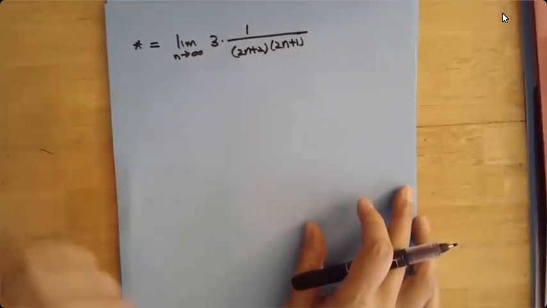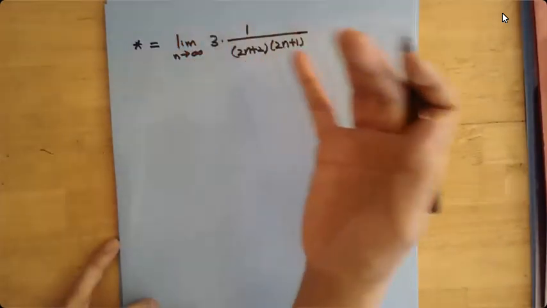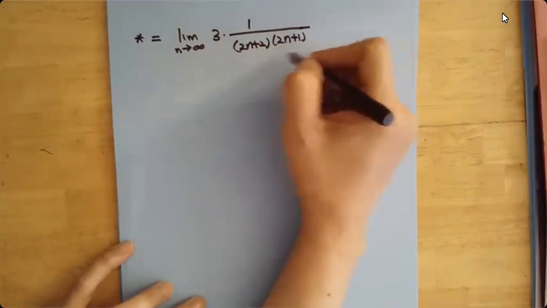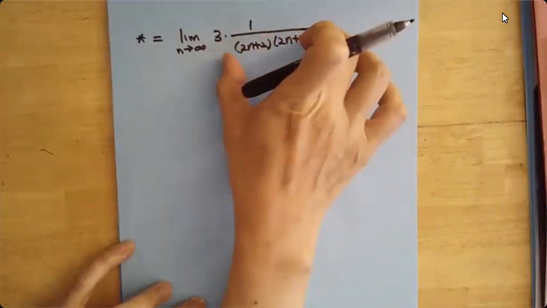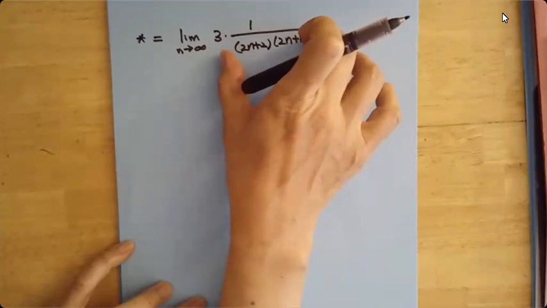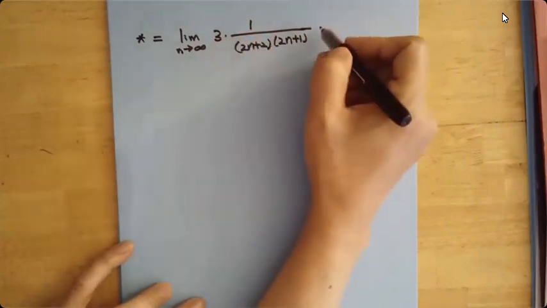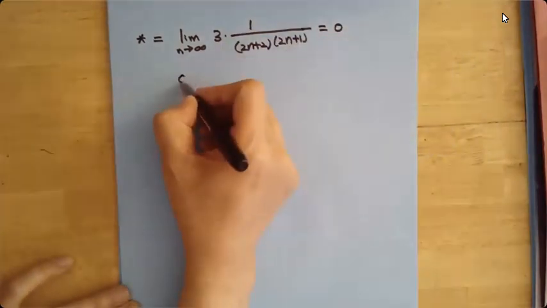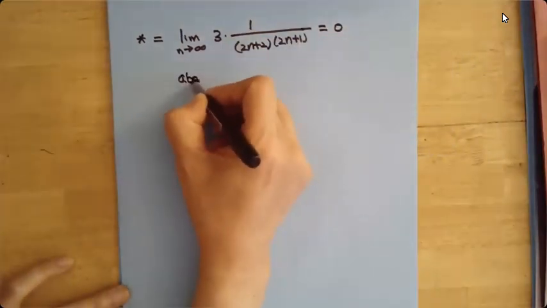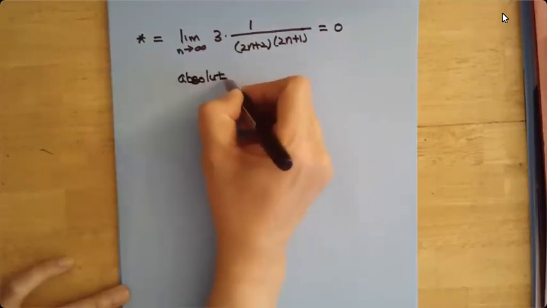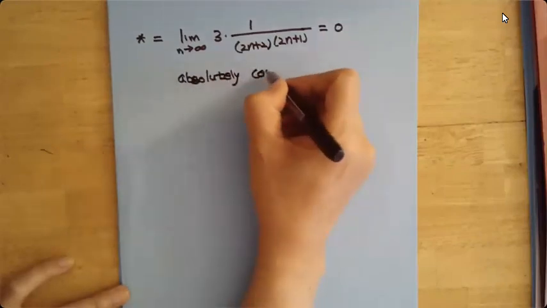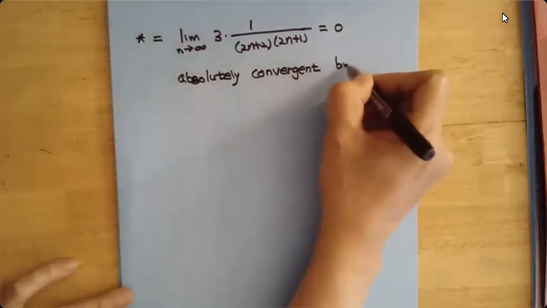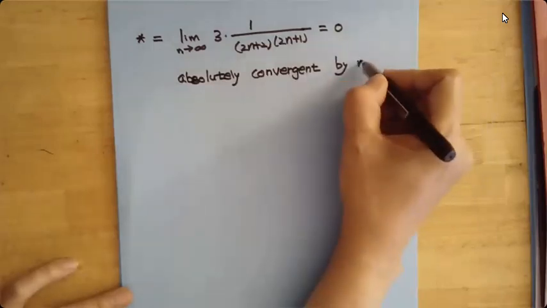As n goes to infinity, this denominator will grow indefinitely. Therefore, the fraction will converge to 0. So that is absolutely convergent by the ratio test.